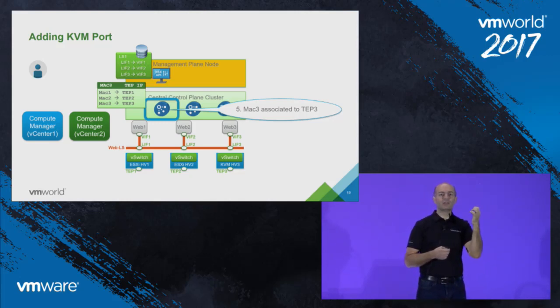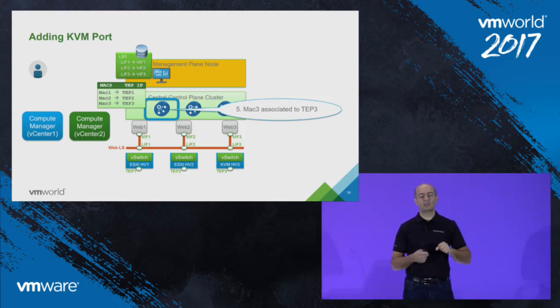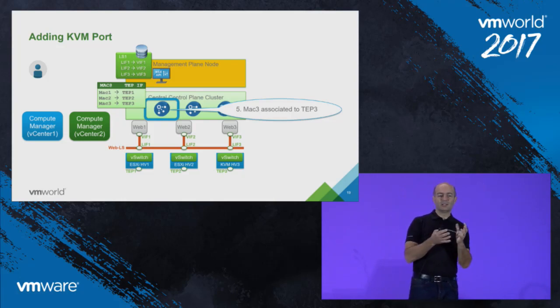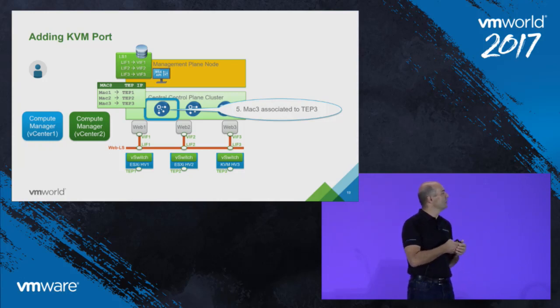Not only does it know that those ports exist, but it knows where. It knows the TEP, the associated TEP information. That's really something very different. The location is more of a compute object. I mean, it depends where your VM is instantiated. The manager doesn't really care about that.